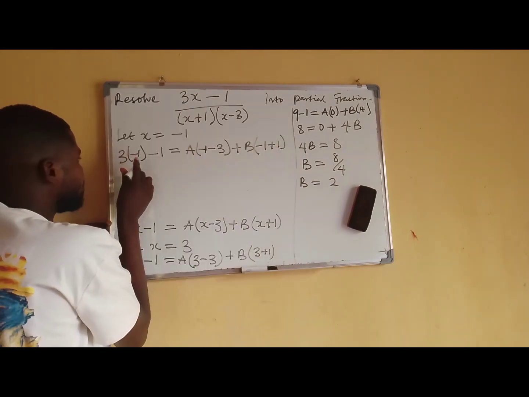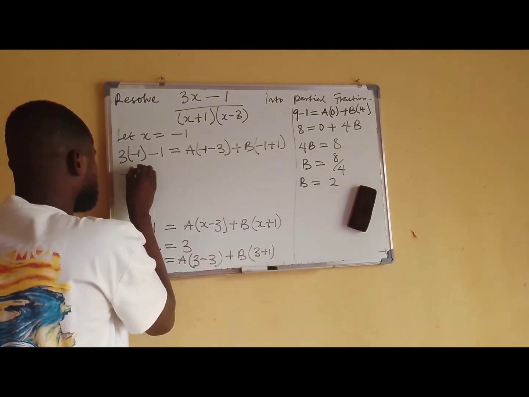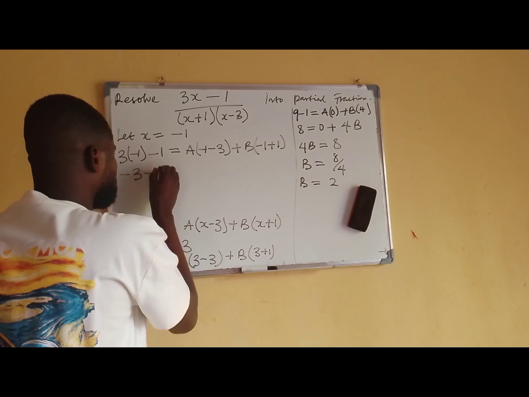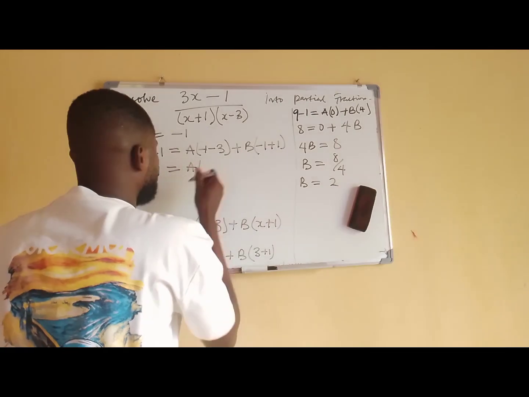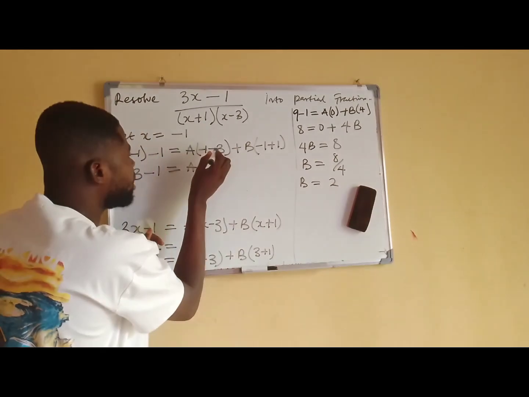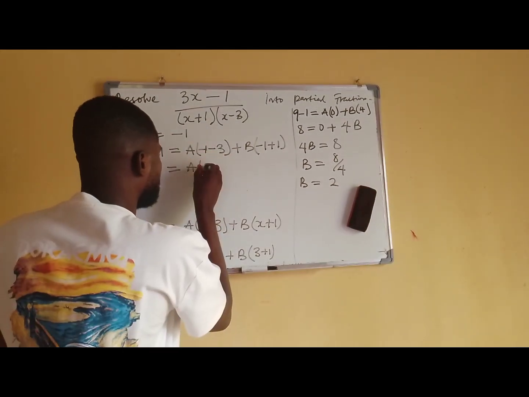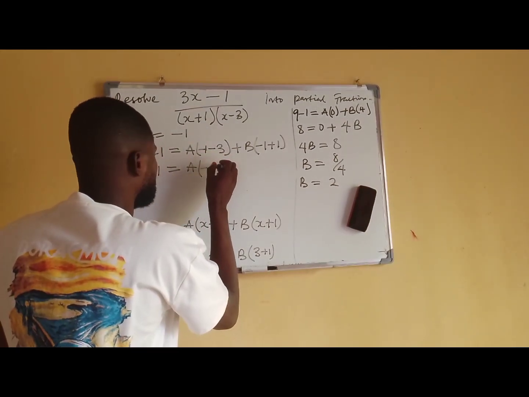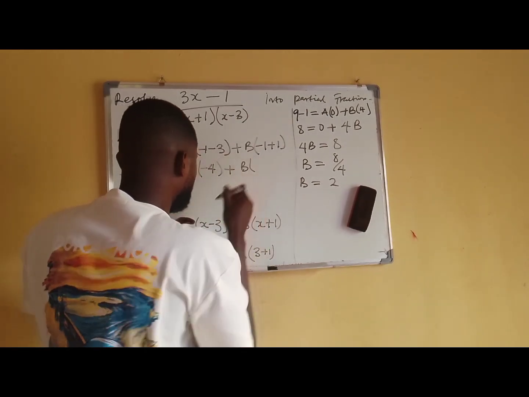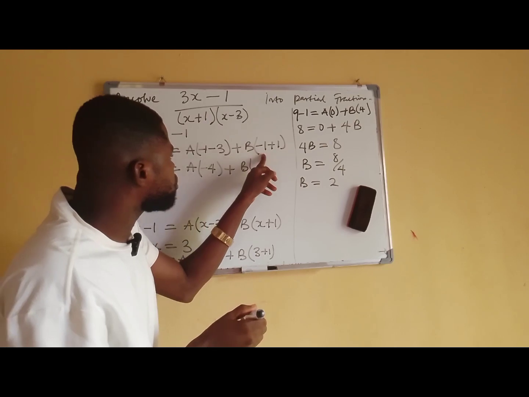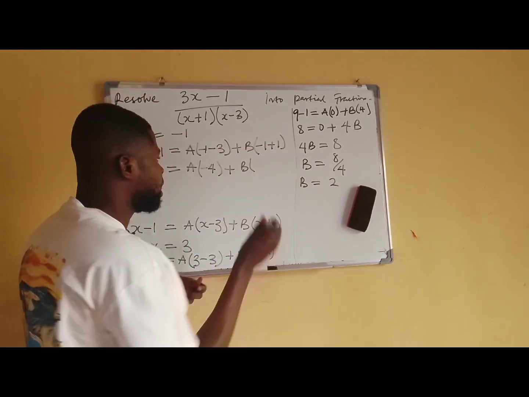3 multiplied by minus 1 will give us minus 3 minus 1, and this is equal to A open bracket minus 1 minus 3 will give us minus 4. We close it, plus B open bracket. Now minus 1 plus 1 will give us 0.